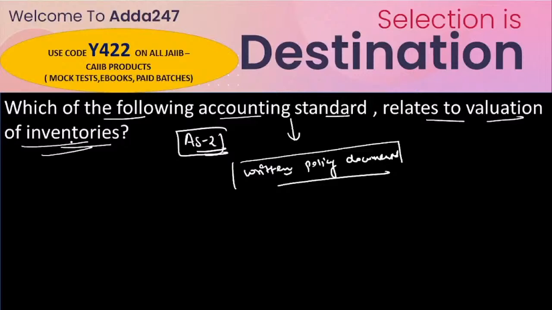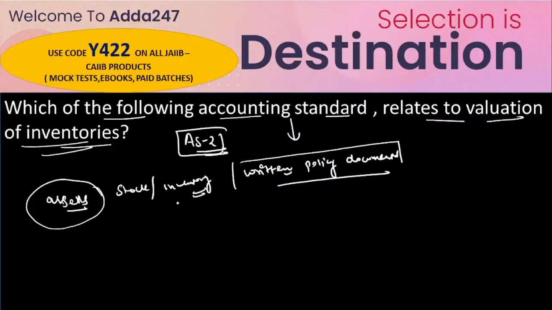There are different types of assets in the business, and one of them is stock, or say inventory, meaning products either held for sale or in the process of being produced for sale.